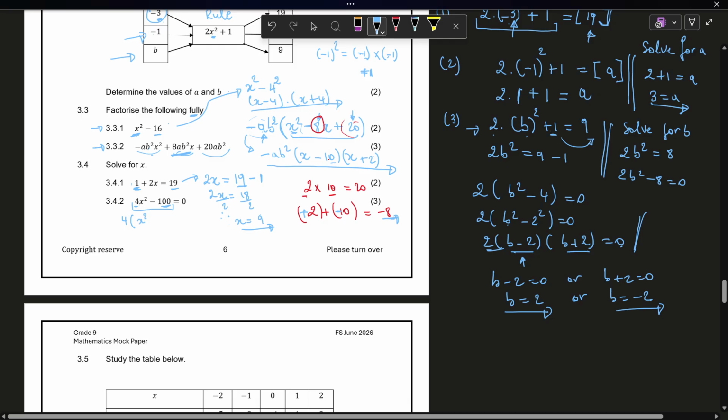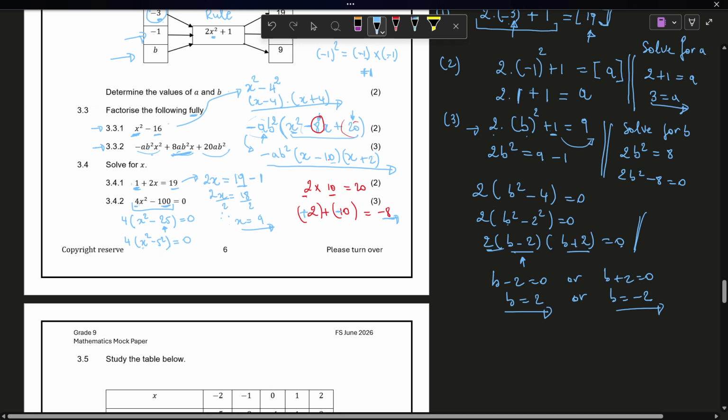Here I'm going to get x squared minus 25. But this, I know what it is. This 25 is a square. Is a square of what? It's when 5 is squared, right? So therefore I'm going to get 4 times x squared minus 5 squared equals 0.